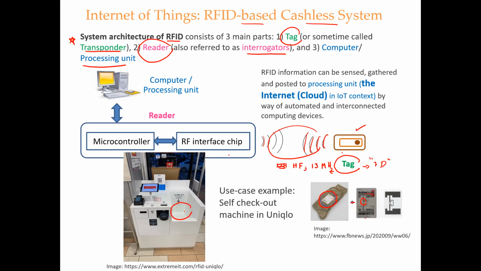Then the reader connects to the processing unit or the computer, which passes the information on, traces it, and looks it up from the database.